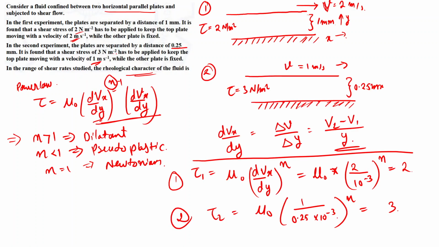So we will have tau2 upon tau1 is equal to 3 upon 2 is equal to 1.5. Both of these terms will get cancelled out, and we will have 2 into 0.25, that is 0.5.